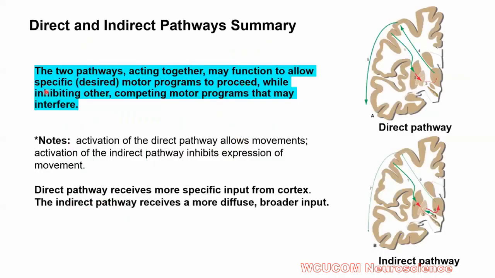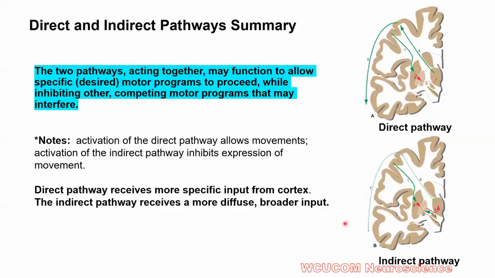They may function to allow specific, meaning desired, motor programs to go ahead, while at the same time other potentially confounding or competing motor programs are being inhibited by the indirect pathway.